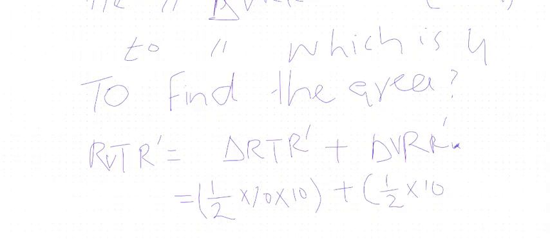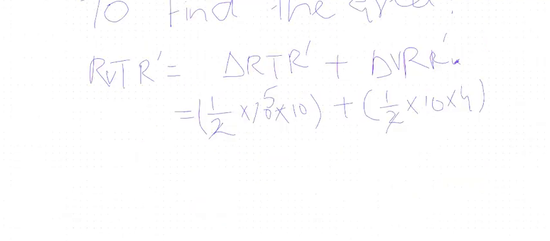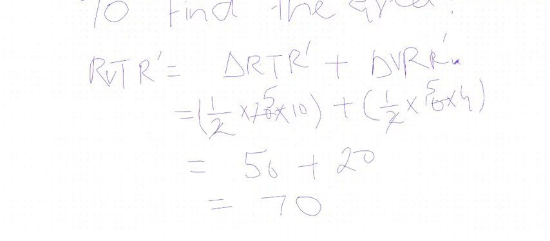We get 50 plus 20, which is 70. So the area of RVTR prime is 70 square units. This is the required answer we had to find.